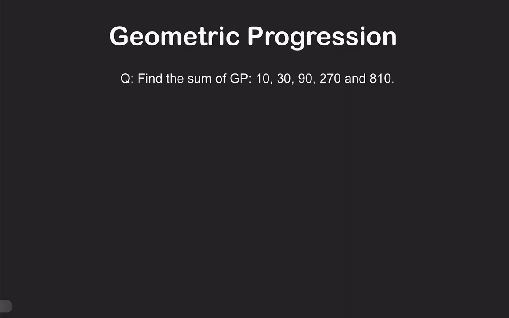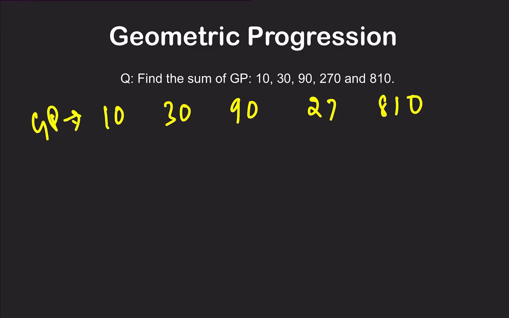Now this is a geometric progression series given to you: 10, 30, 90, 270, 810. First, tell me, is it a geometric progression series or not? How will you see? This number we have got by multiplying the last number by 3, and this number also by multiplying the last number by 3.